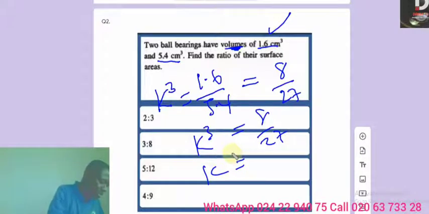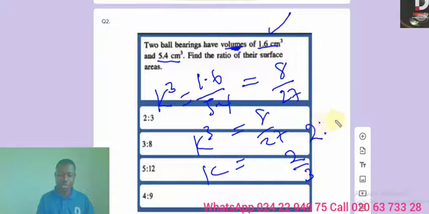Arrow, equals sign, alpha, calculator equals sign, and this 8 over 27. We solve it nicely. Shift, solve. Right. What is the answer? We got 2 over 3. What does it mean? 2 is for the first one, 3 is for the second one, in that order as presented.